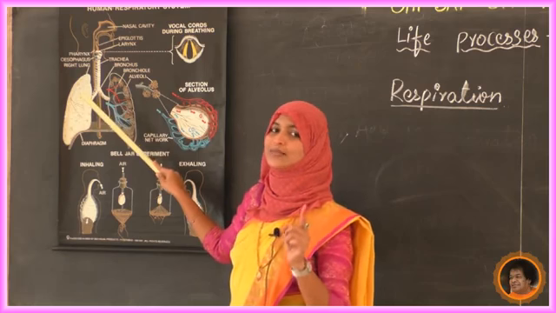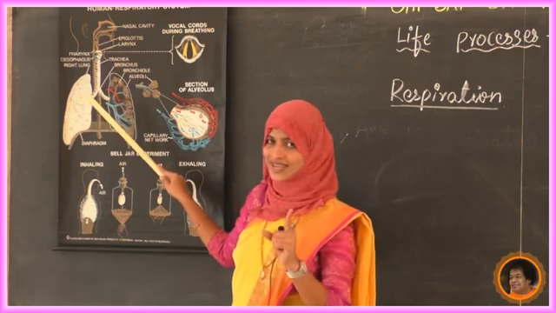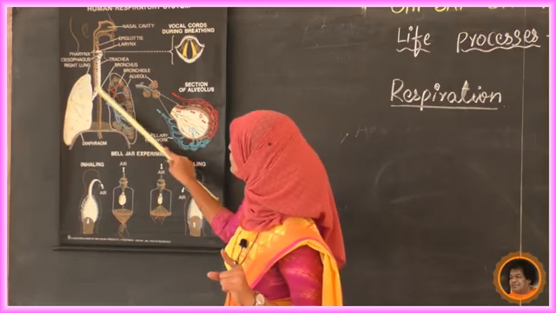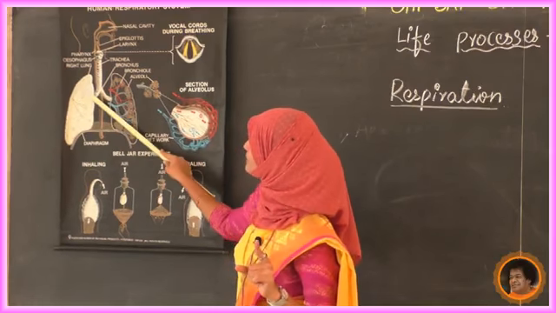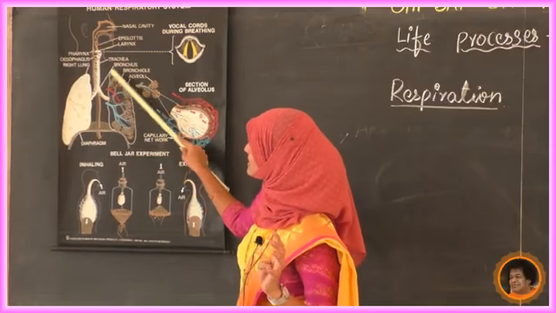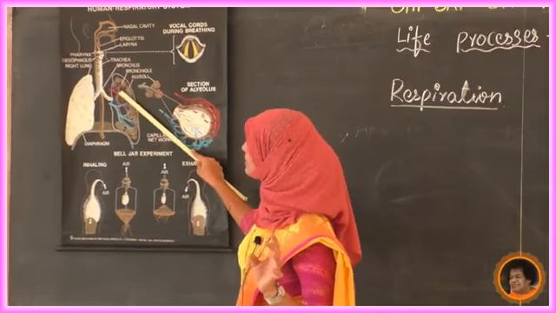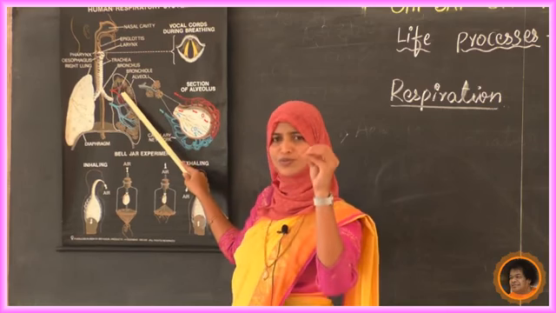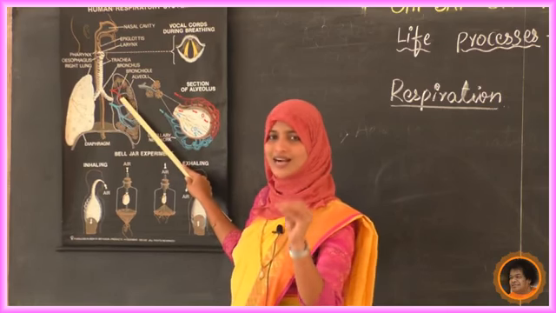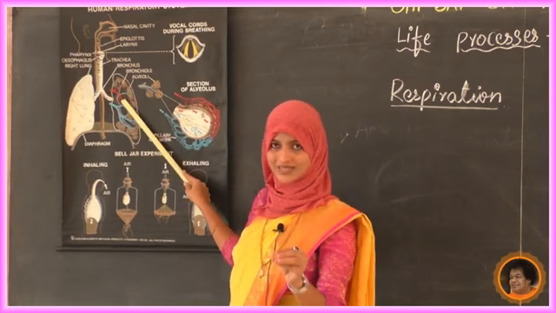If it is singular, what are we calling it? Bronchus. If it is plural, we call it bronchi. So there are two here, two pipes, that are called bronchi. Next, these bronchi lead to the bronchioles. There will be a number of small pipes, they are called bronchioles.